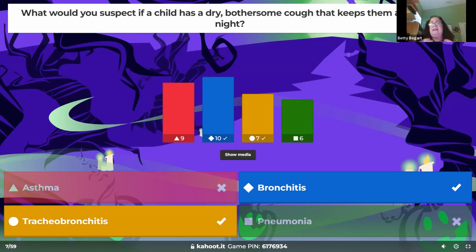That bronchitis thing is that dry cough. And this is the one that we're going to give a cough suppressant to. Usually it's not a fever, it's just a cough that's horrible. Asthma's not at night, it's all the time. And pneumonia, it's not dry, it's loose. There's junk in the lungs that needs to come up, okay?